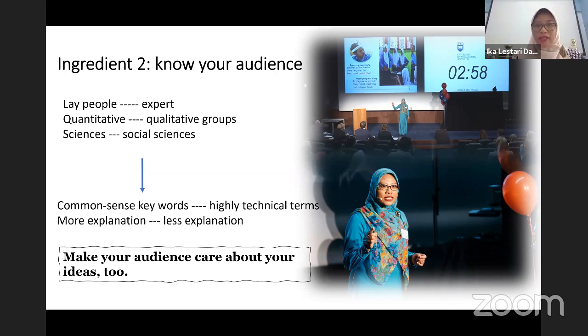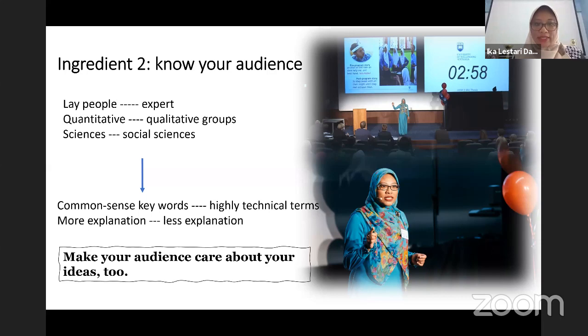Even when I presented in front of Australians at the time, they asked whether some words were English. They asked, is it an English word? Well, actually, that is from functional linguistic theory. So that made me realize that what we know in our area, sometimes we just take for granted. But when you present in front of an audience, you need to be aware whether you need to unpack some keywords, or you can just keep the keywords as they are.